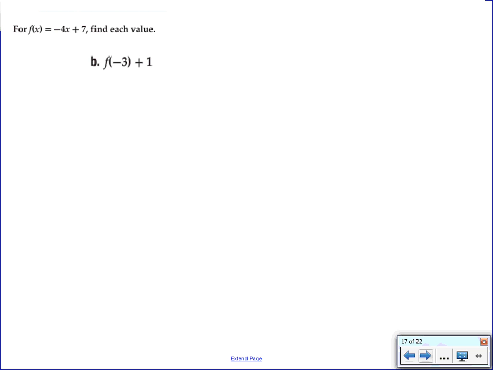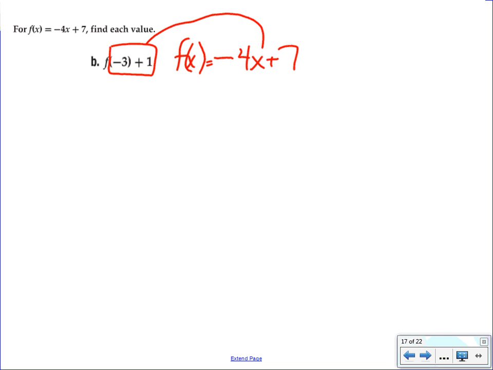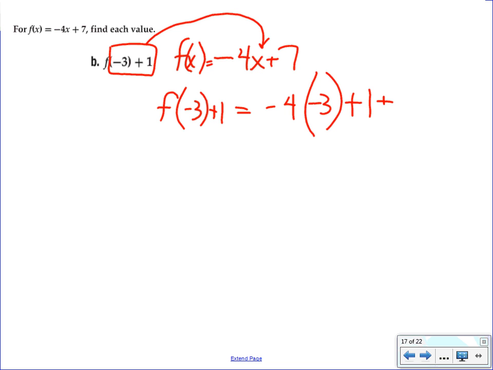Let's try another one. In this case, we have negative 4x plus 7 again, f of x. But in this case, x is negative 3 plus 1. So wherever there's an x in the equation, we're going to substitute this. So f of negative 3 plus 1 is negative 4 times negative 3 plus 1, plus 7.